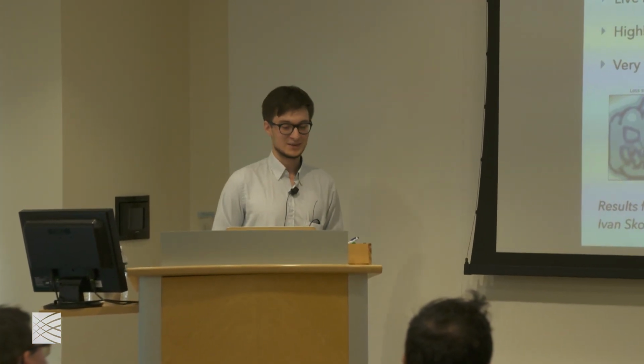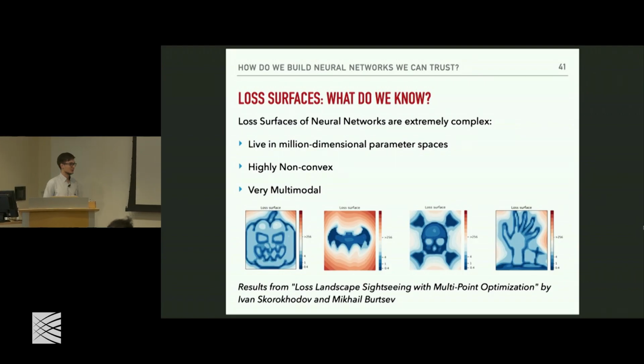So the conclusion, I guess, is that there is still a lot to understand about loss surfaces, and they are very complex objects. They live in a million-dimensional space, they're non-convex, and they have millions and millions of local optima. But it's really important to try and understand more about them for the reasons that we discussed: for better Bayesian inference, better training methods, and just for better understanding of generalization in deep learning.